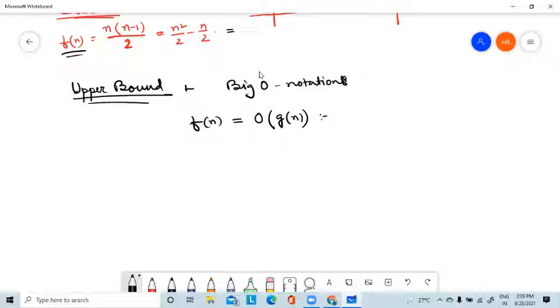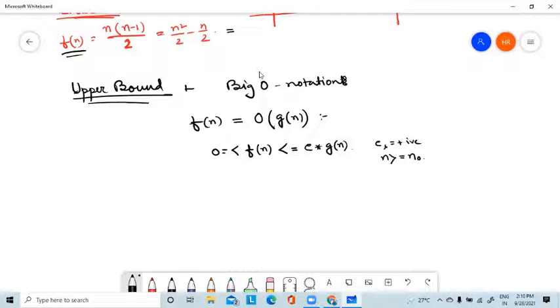The relation is like this: f(n) must be greater than or equal to 0, but less than or equal to c into g(n), where c is a positive constant. And similarly, there must be some value for which n is greater than or equal to n0.